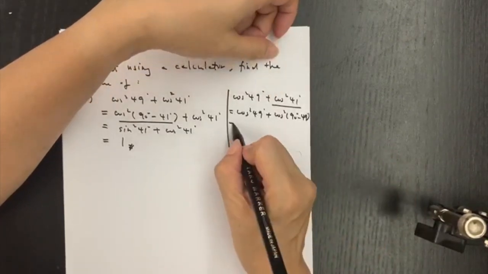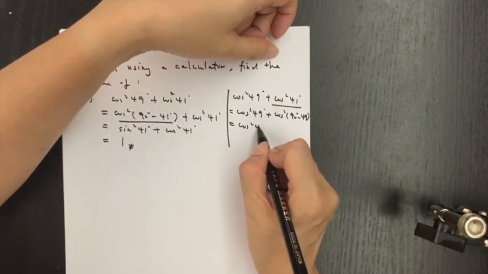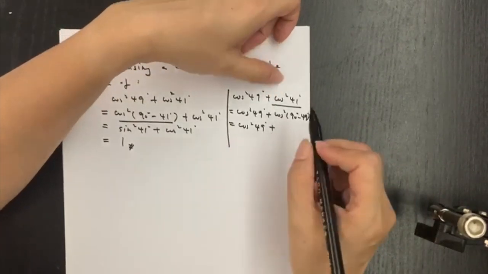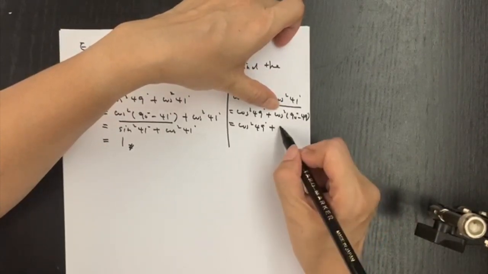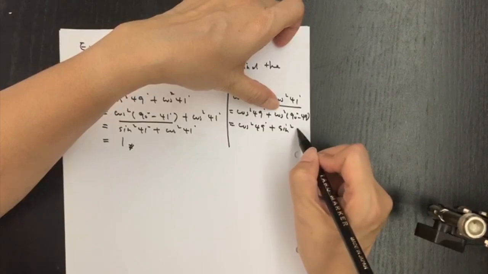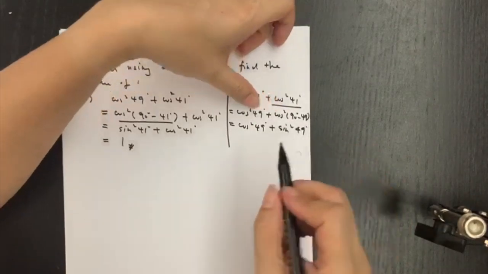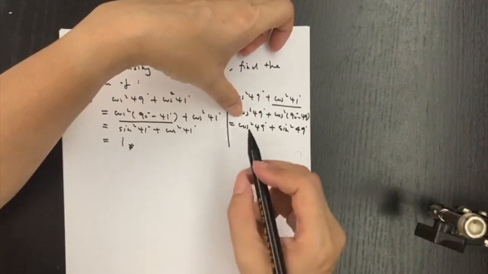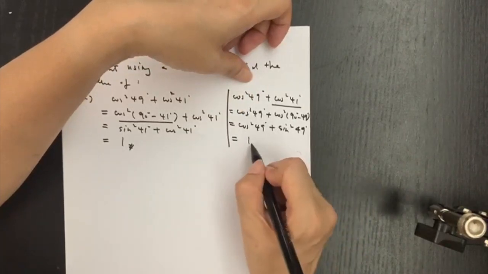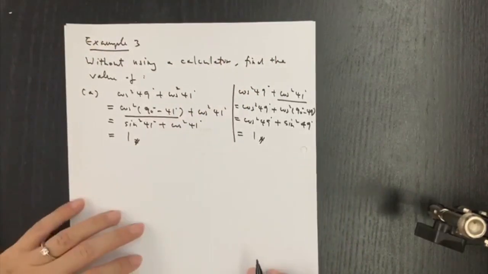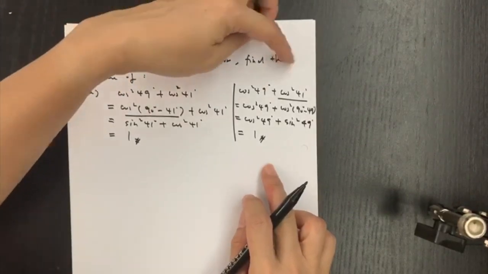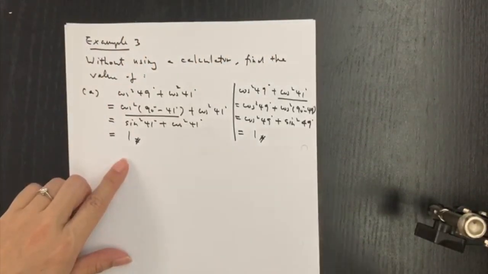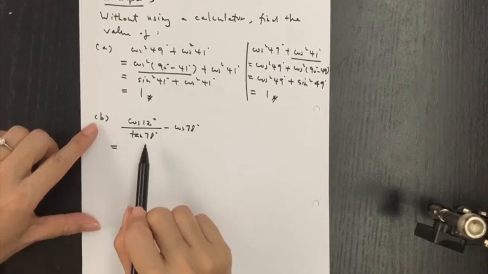Here I have cosine square 49 degrees plus sine square 49, because cosine square 90 minus theta is the same as sine square theta. So sine square theta plus cosine square theta, my answer is also 1. Therefore, you can see it doesn't matter whether you change the first term or the second term, you get the same answer.